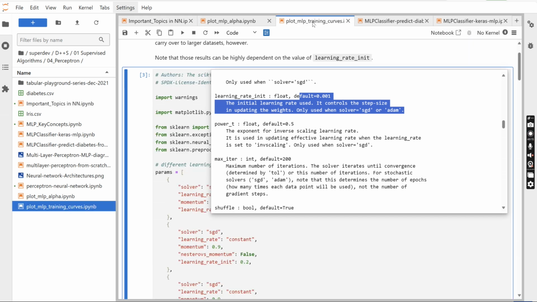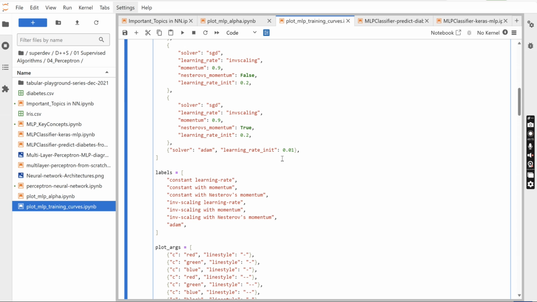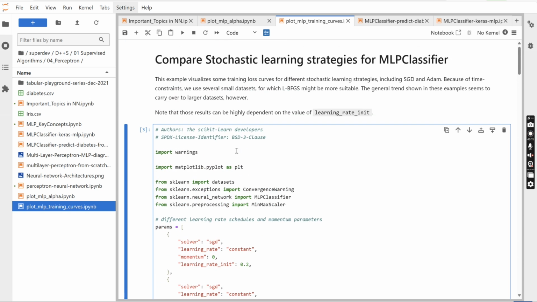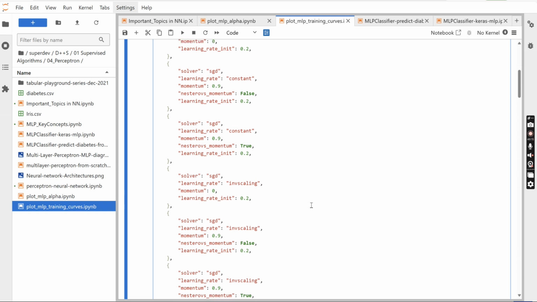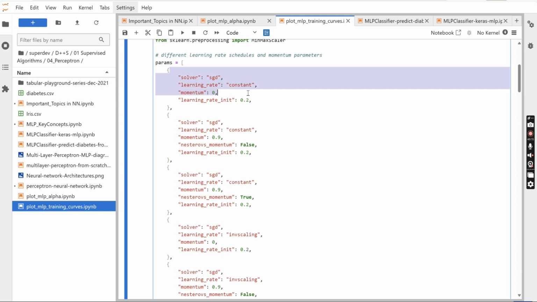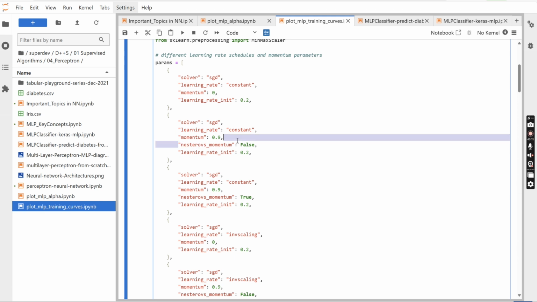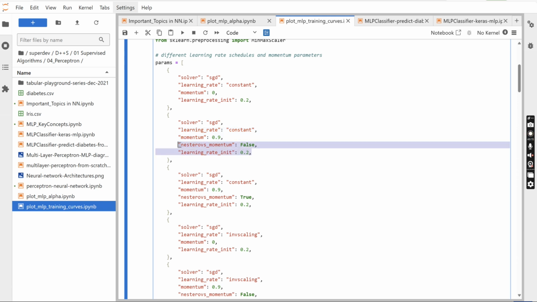So that is what I am trying to show you here with different values. For example, I am using SGD. Here I have provided a learning rate of 0.2. You can compare the different momentums and learning rates I have used. Here I have modified the learning rate initialization to 0.2, but I am using a different momentum.